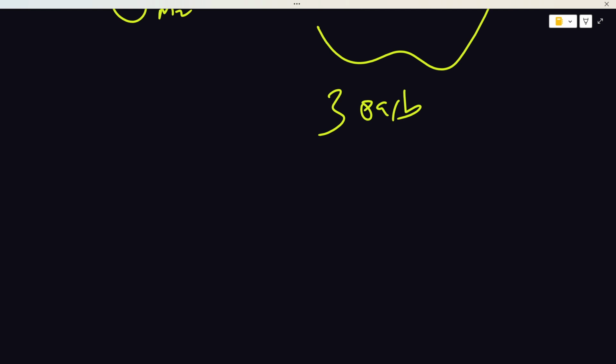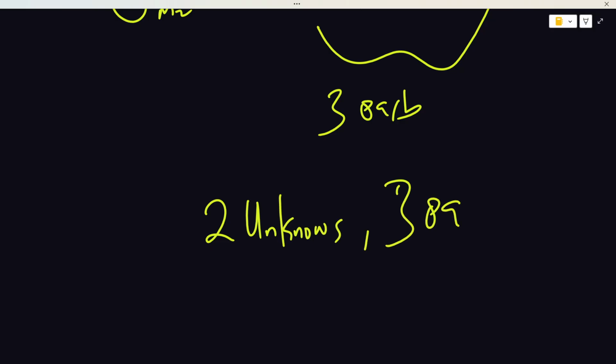Of course, there are some simultaneous equations where you have two unknowns and you have three equations.